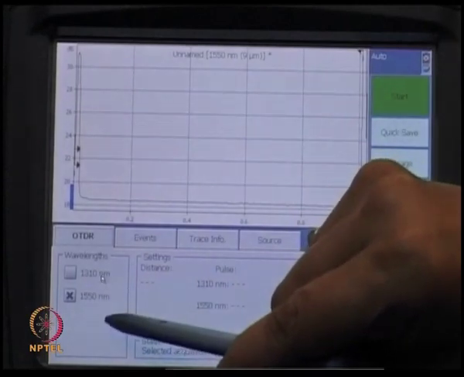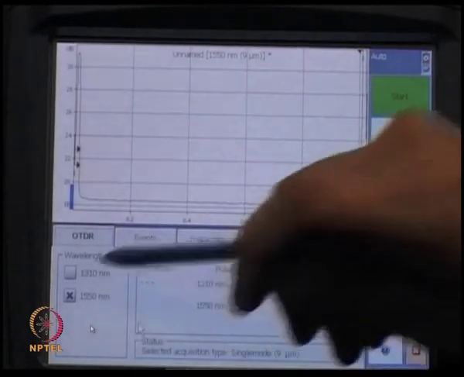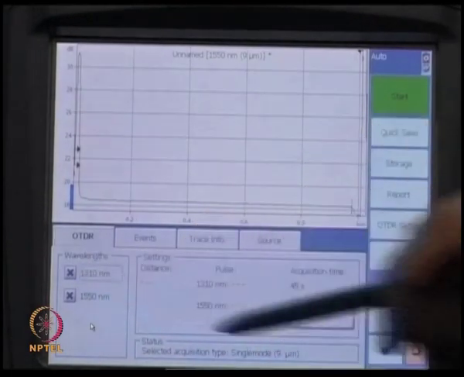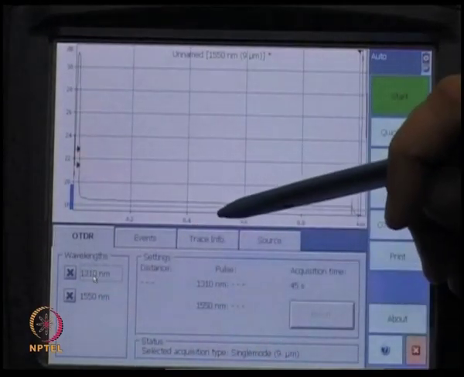We can choose any of the two wavelengths. So, let us say we choose 1310 nanometer wavelength.